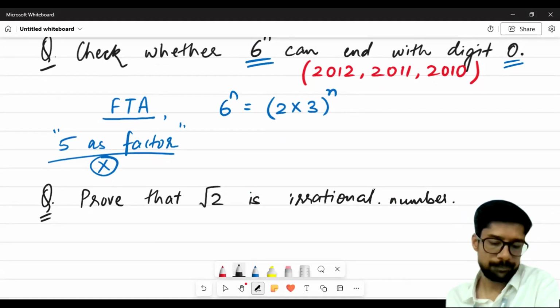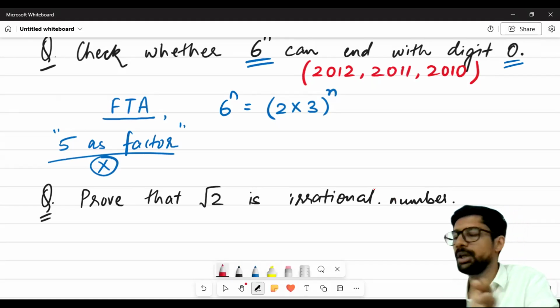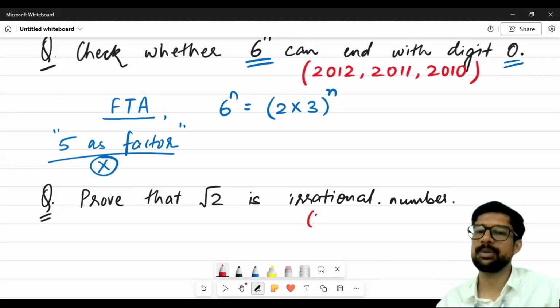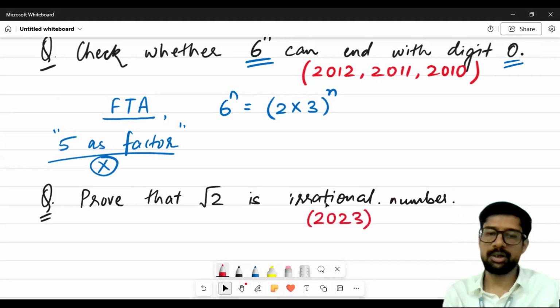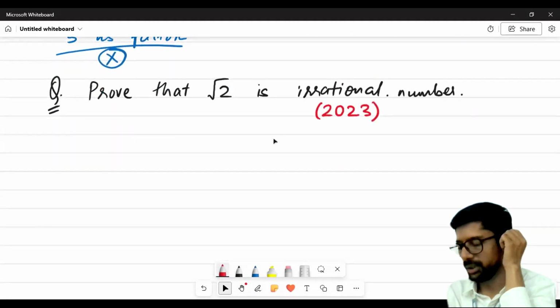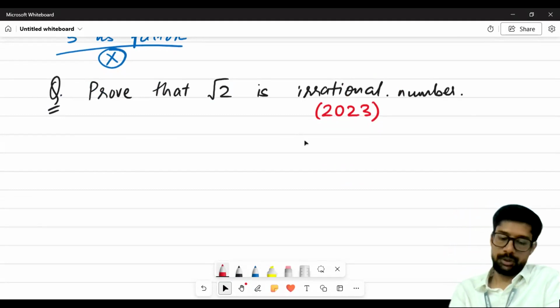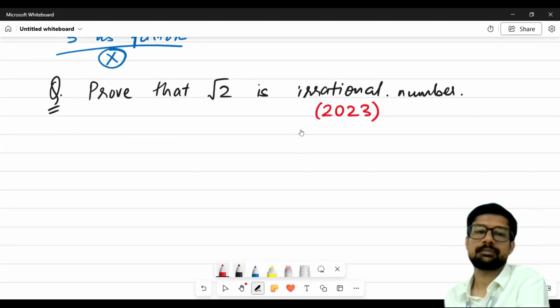It was asked in 2023. It's asked almost every year, only the number changes. We understand its importance, even for the routine tests, hopefully. Next.